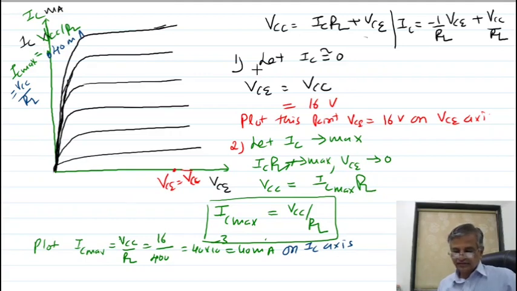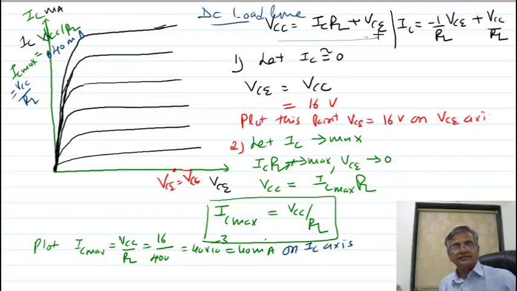Look again. I want to plot the DC load line. This is the equation of the output section, the equation of a line. To draw this line, take IC equal to 0.